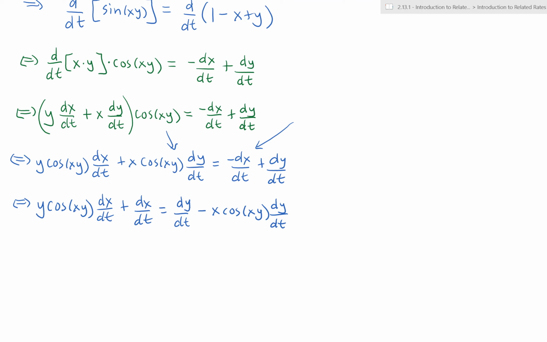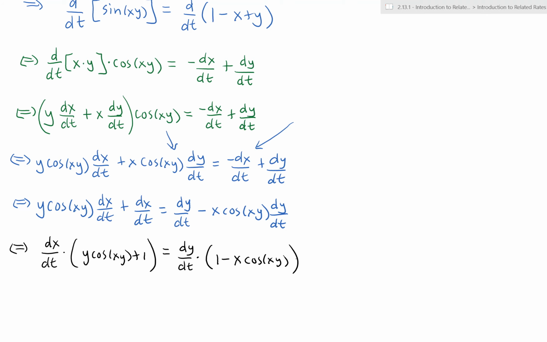Now we're almost there. What else can we do? Well, on the left-hand side, let's get that common factor of dx/dt. We get dx/dt times y cosine of xy plus a 1. And on the right-hand side, we could choose to factor out the dy/dt. Why not? dy/dt times the quantity 1 minus x times cosine of xy.